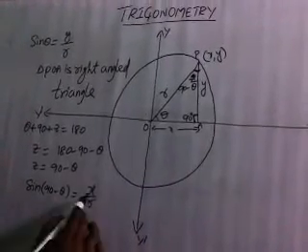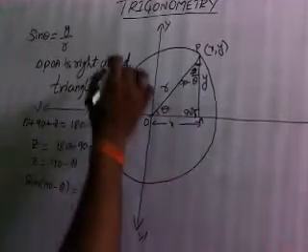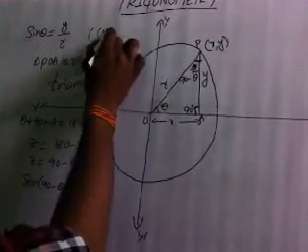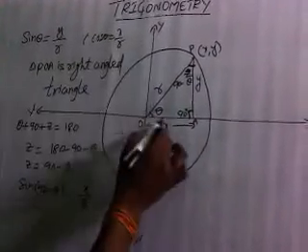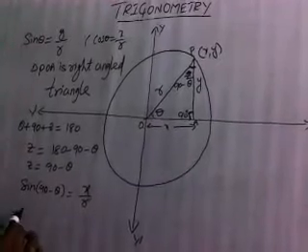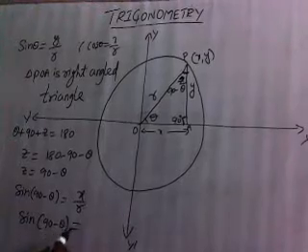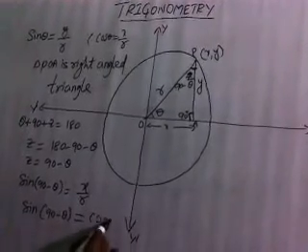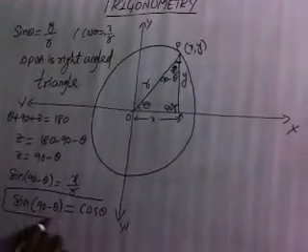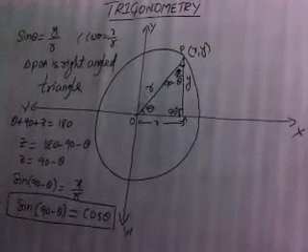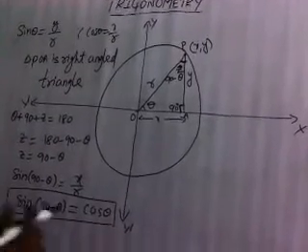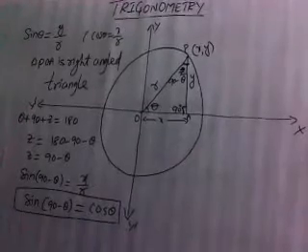So x by r. But what is x by r generally? Cos theta is equal to x by r, adjacent side to theta by hypotenuse. So sin 90 minus theta is equal to x by r, which means cos theta. So this is the derivation for sin 90 minus theta. So sin 90 minus theta becomes cos theta.